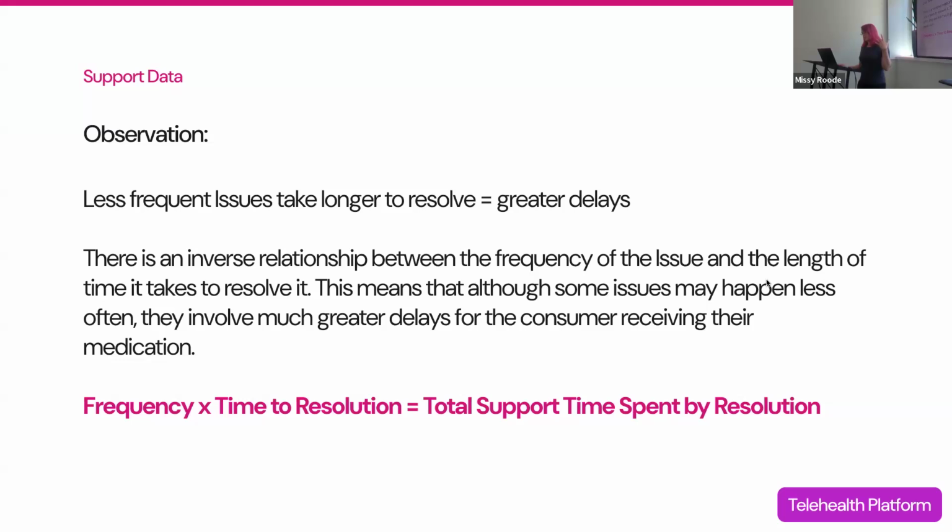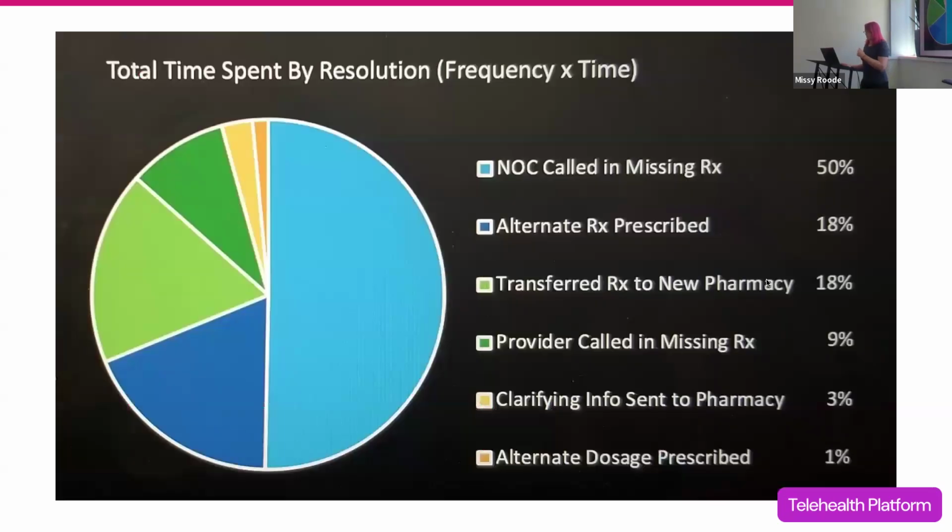And so, as I mentioned, if you multiply the frequency of the issue by how long it takes to resolve it, that's going to give you the total support costs by resolution. So you can see that here. Again, calling in a missing prescription clearly is taking up most of the support effort.